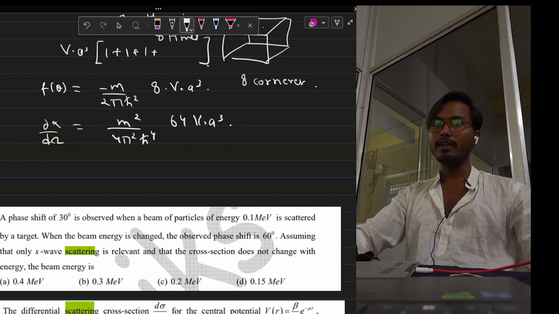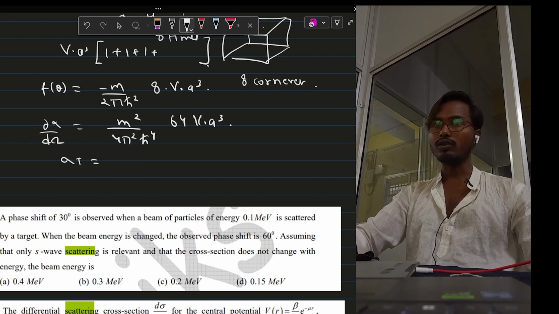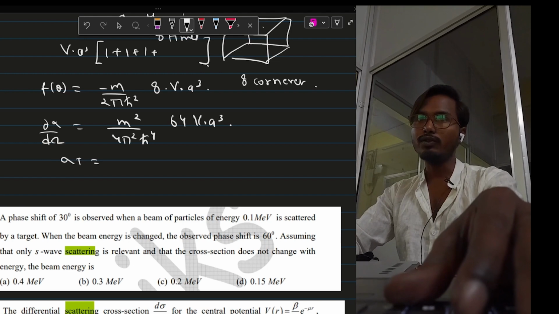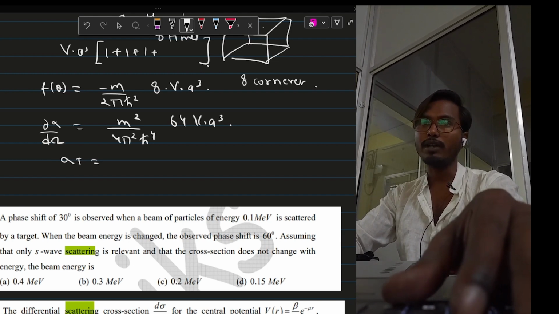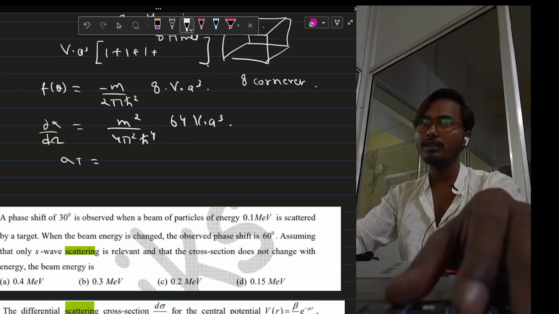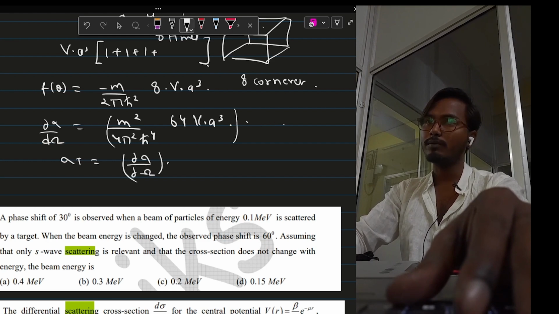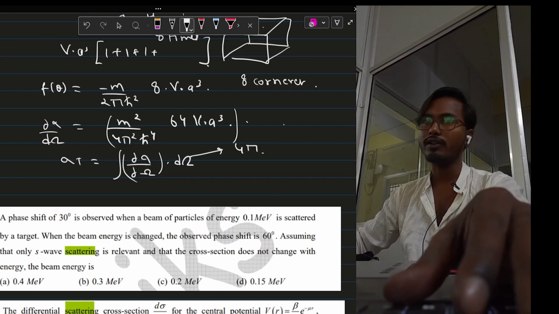Then now we have to take the total, so we have to take values of solid angle, and this term is multiplied by the solid angle. Then we take the value of this and multiply it by 4 pi. Value of this is 4 pi, and this is the total scattering cross section.